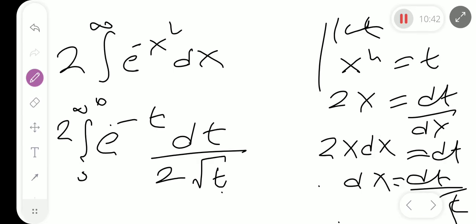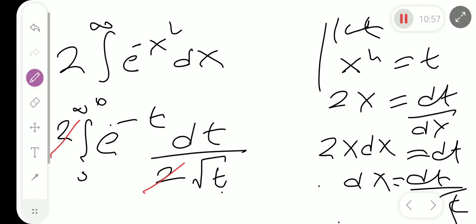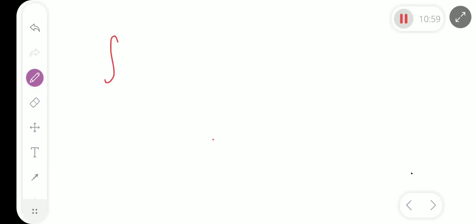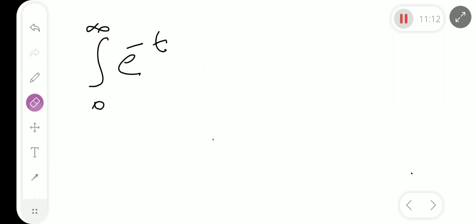So it is 2 into integration from 0 to infinite, so you can cancel this 2 and this 2. See what we'll get: integration from 0 to infinite e to the power minus t, and it will be t to the power minus half dt.